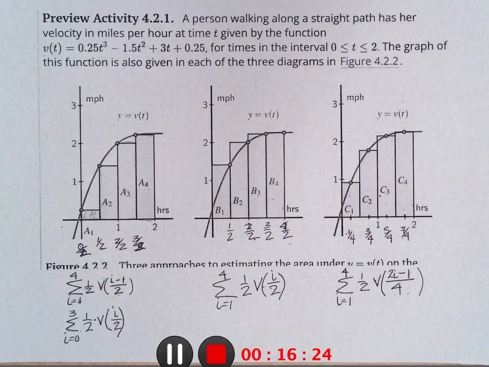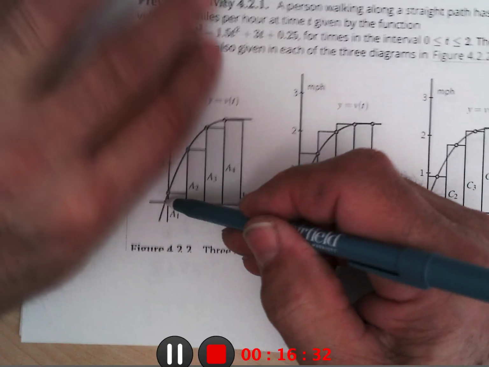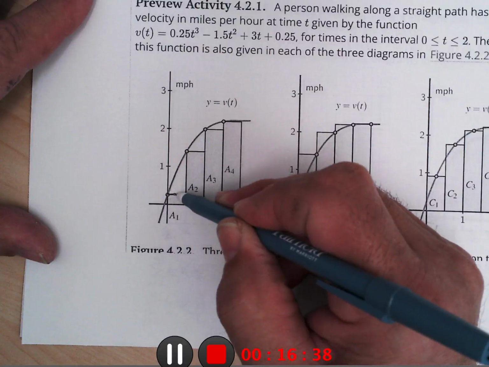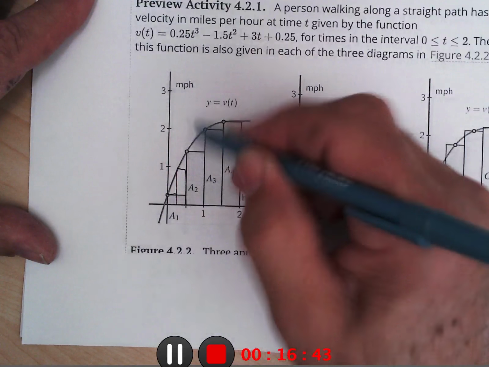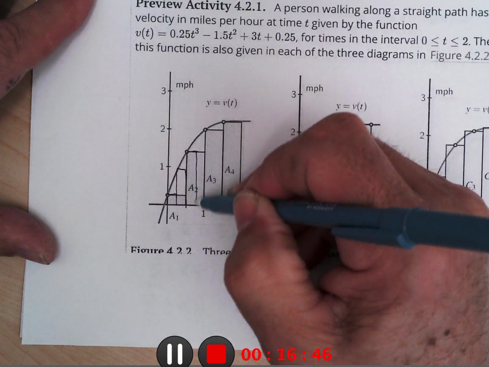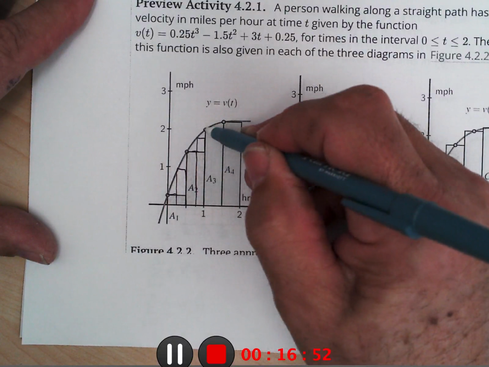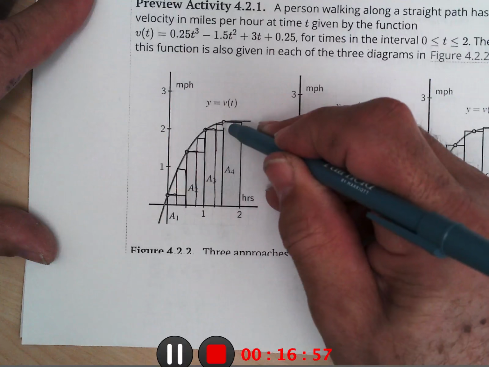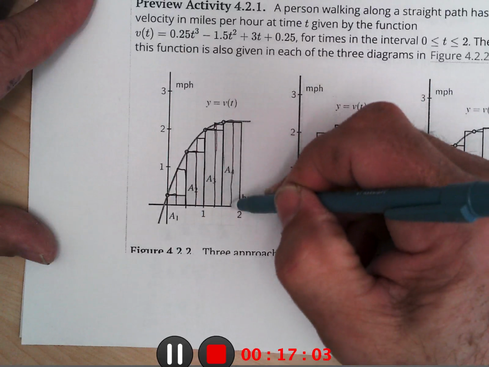What if we decided to take this first one and do it not 4 rectangles on the left side, but what if we made it 8 rectangles at 1/4, then go up at the 1/4, another quarter wide, and then go up there, and then on the left side of the next one, and then down, and the left side of the next one, and down, and the left side of that next one, and down.